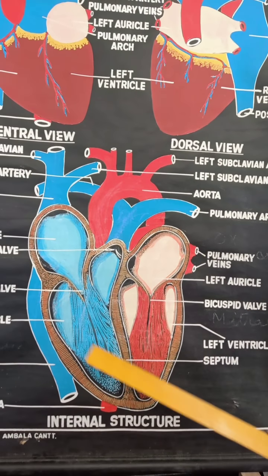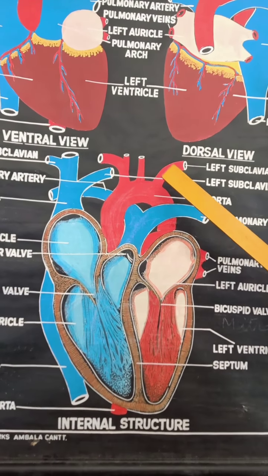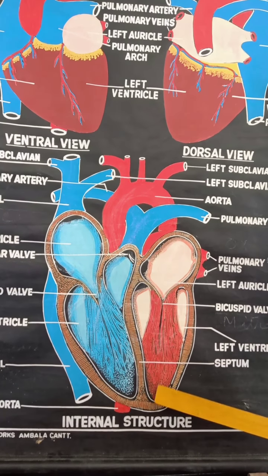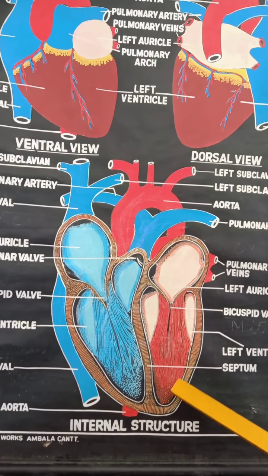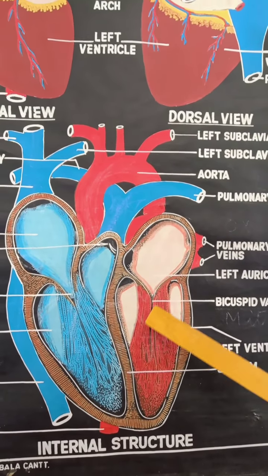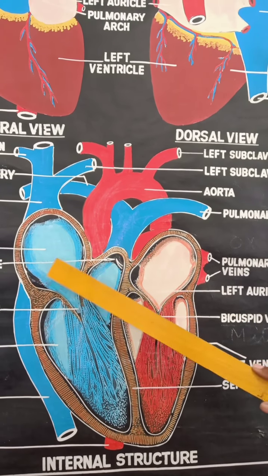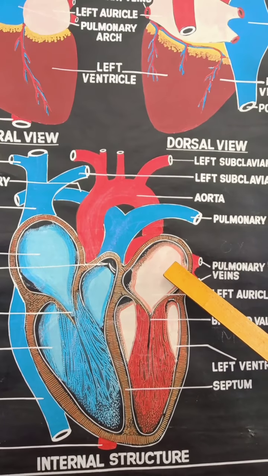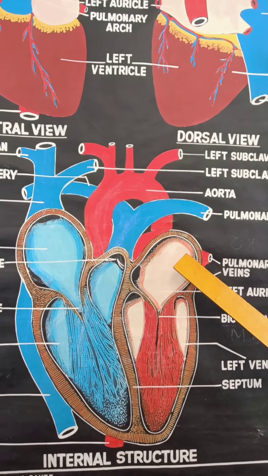So in this heart you can see the chambers are entirely separated. How are these chambers entirely separated? I mean to say, the chambers have blood inside them, but you can see 2 different colors. These 2 different colors are indicating the different types of blood.